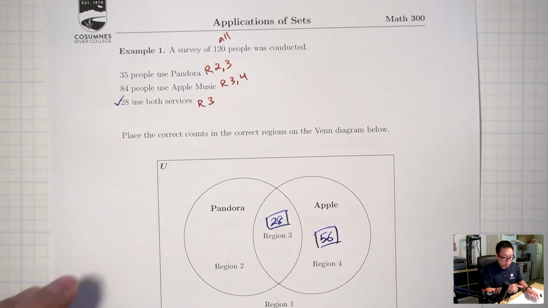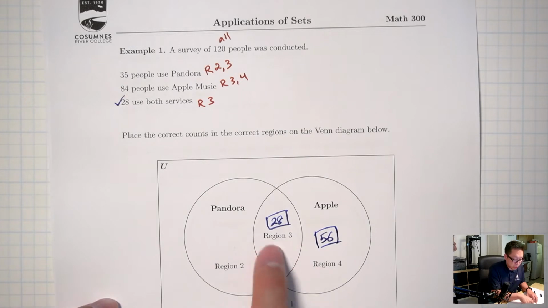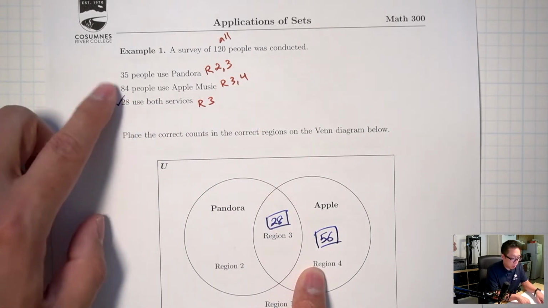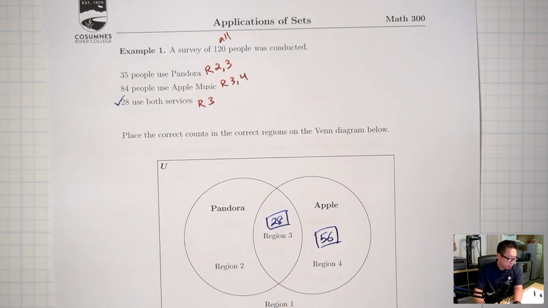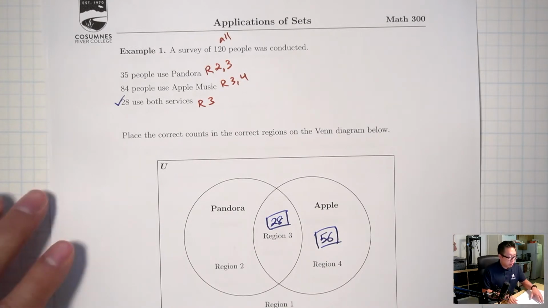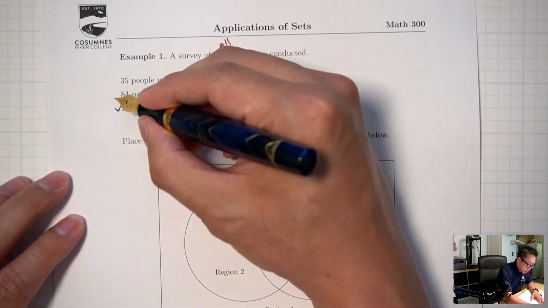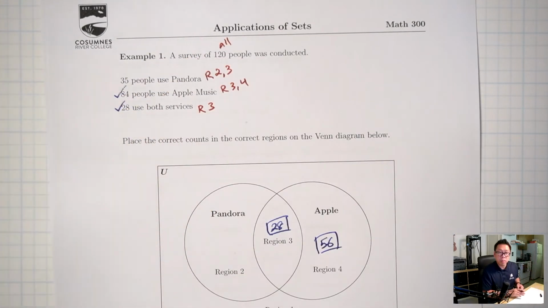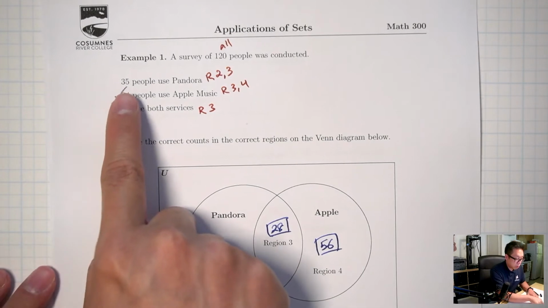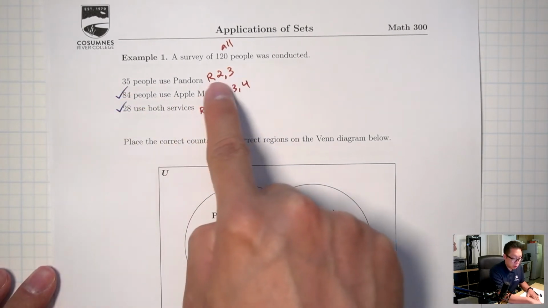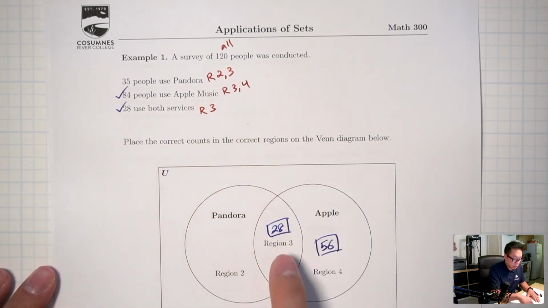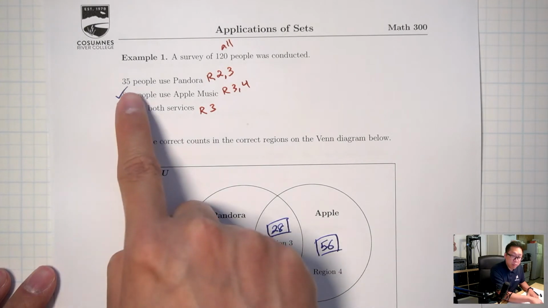So you can double check. Make sure that regions 3 and 4 together add up to 84. So 56 plus 28 is 84. So 84 is good. Next up, 35. So 35 is represented by regions 2 and 3 together. So this is saying 2 and 3 together should add up to 35, right?